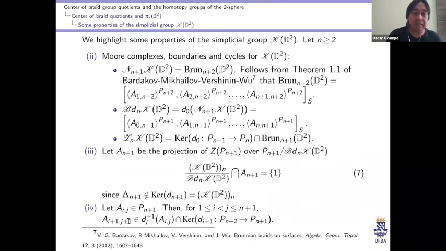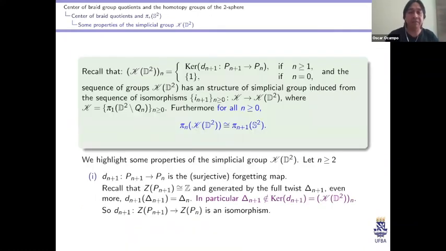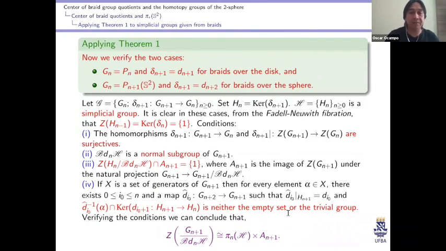For every index we may obtain a non-trivial element in this intersection, that is part of the last technical condition in theorem 1. So we are able to verify the conditions given in theorem 1 for the first case, the case of the disk. And we may conclude the statement in violet.